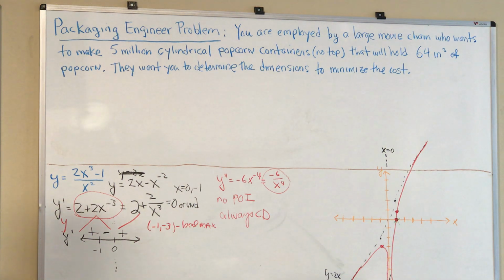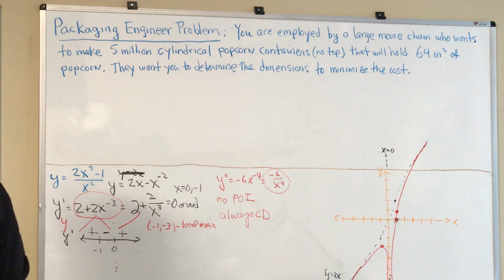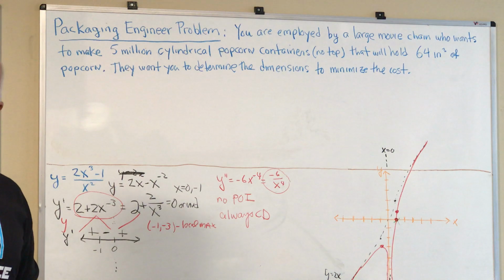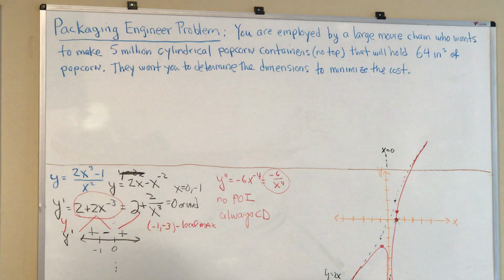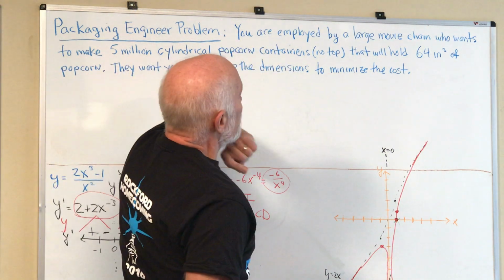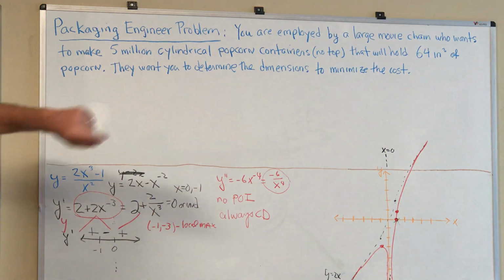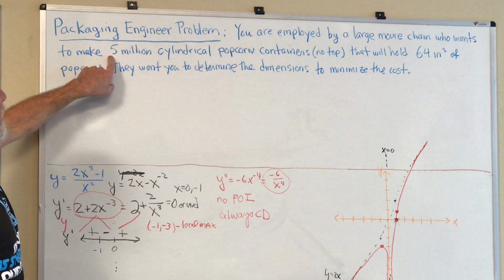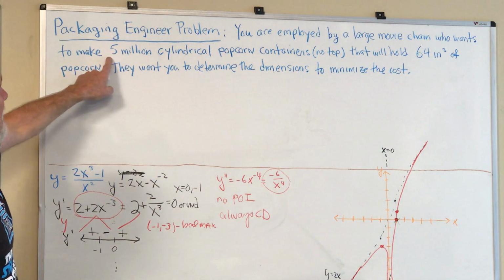Okay, so let's just end this thing with one more max-min problem. These are so important, and this one is going to involve getting into a rational function. So say you're a packaging engineer, which is a type of engineer where a lot of people work, and say you work for a large movie chain and they want to make popcorn containers for the whole country.